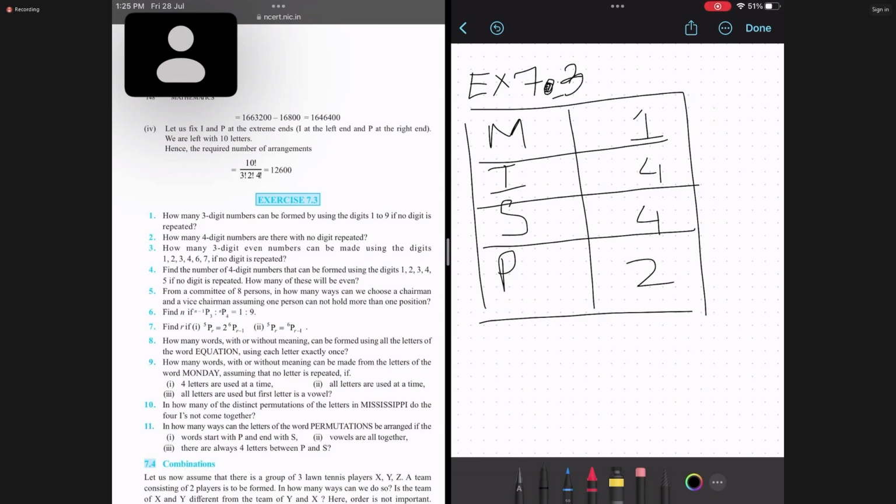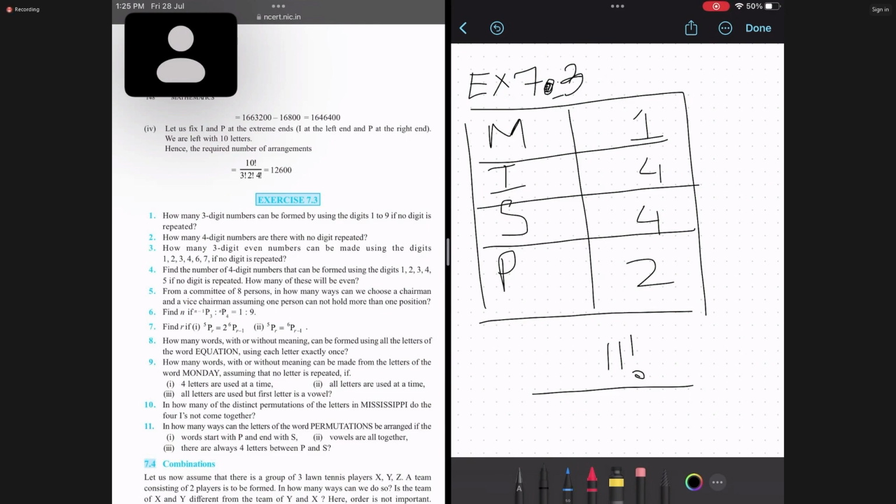Whenever you are calculating permutations of a word wherein the letters are repeating, all you do is permute all the letters as if they are distinct, because the number of letters in Mississippi is 11. So I just write 11 factorial and divide that by the number of repeating letters.